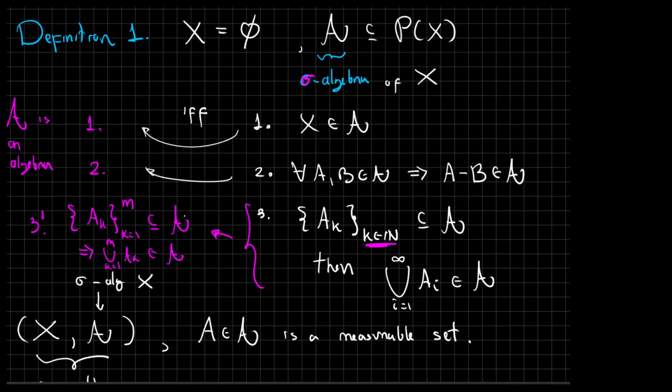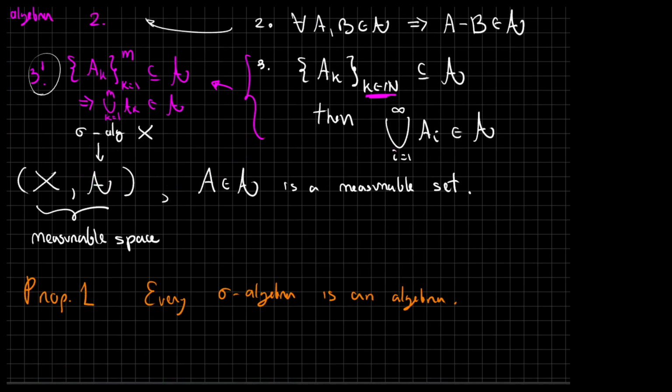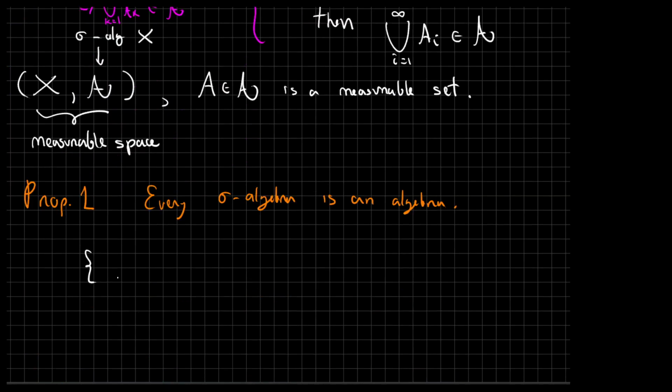Then we only need to prove that our third property implies the third property of algebras. So to do this, of course, we start with some finite family in our sigma algebra. Then we need to complete it, or turn this finite family into a countably infinite family. So we need to append some elements of the sigma algebra.